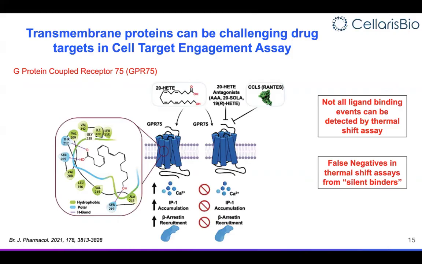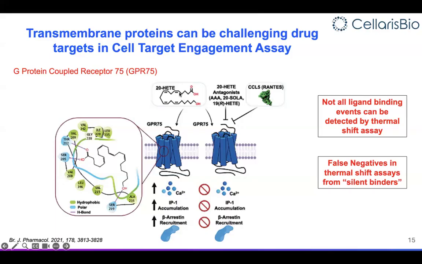Now, when we tested for binding with this construct in our step gradient, we could not detect any binding event. These false negatives are common for thermal shift assays, because they all rely on the fact that once you get a binding event, that binding event needs to be potent enough or strong enough to impart a conformational change that can modify the stability of this protein in a heat challenge.